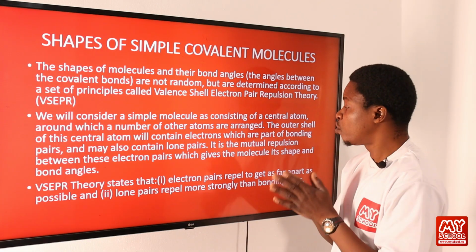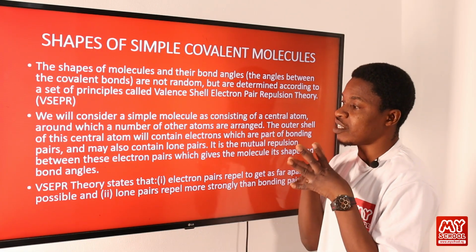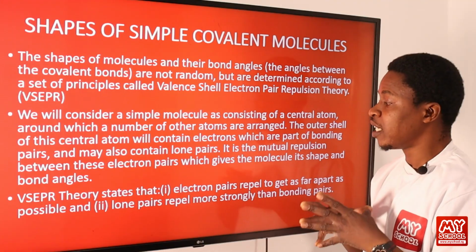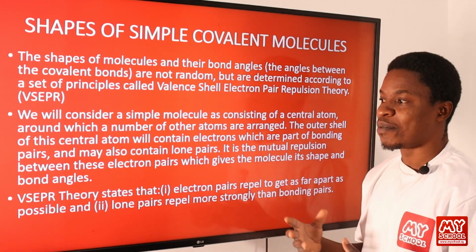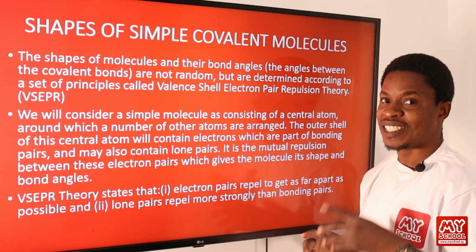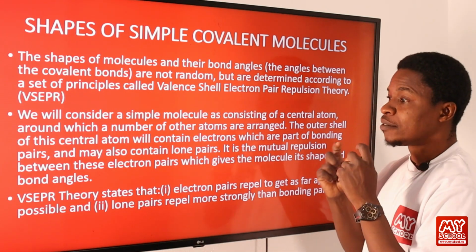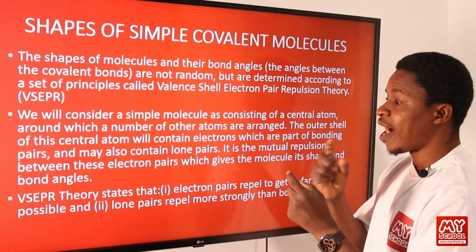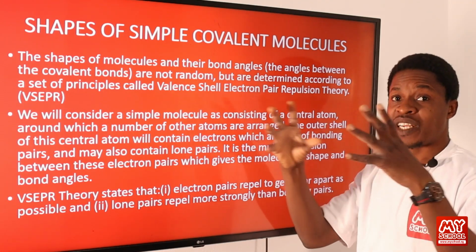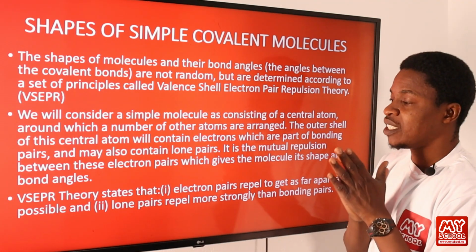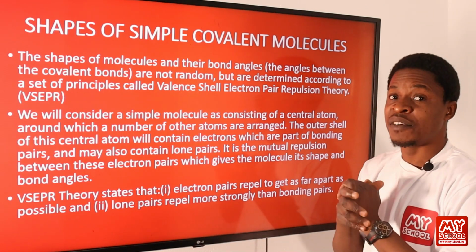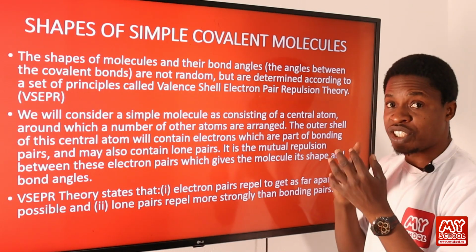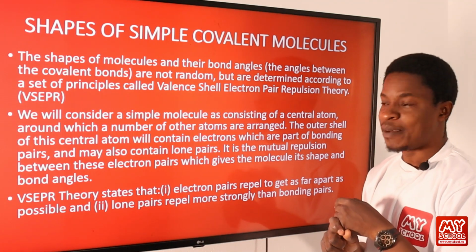It is the mutual repulsion between these electron pairs that gives the molecule its shape and bond angles. Take note of that. The mutual electron repulsion between these electron pairs is what gives the molecule its shape and the bond angles.